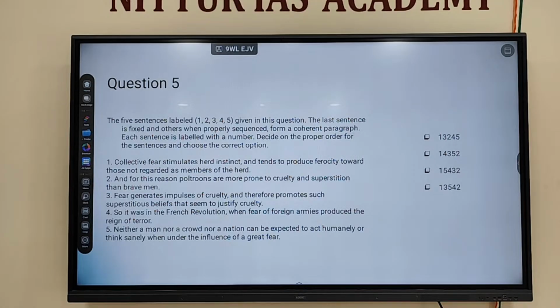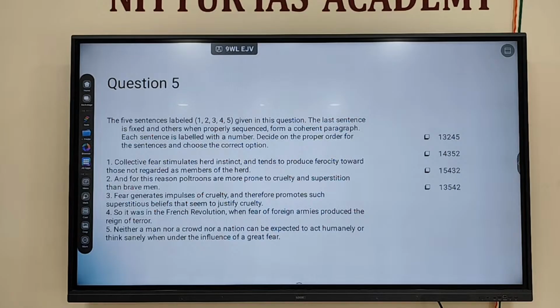Fear generates impulses of cruelty and therefore promotes such superstitious beliefs that seem to justify cruelty. So it was in the French Revolution when fear of foreign armies produced the reign of terror. Neither a man nor a crowd nor a nation can be expected to act humanely or think sanely when under the influence of great fear.